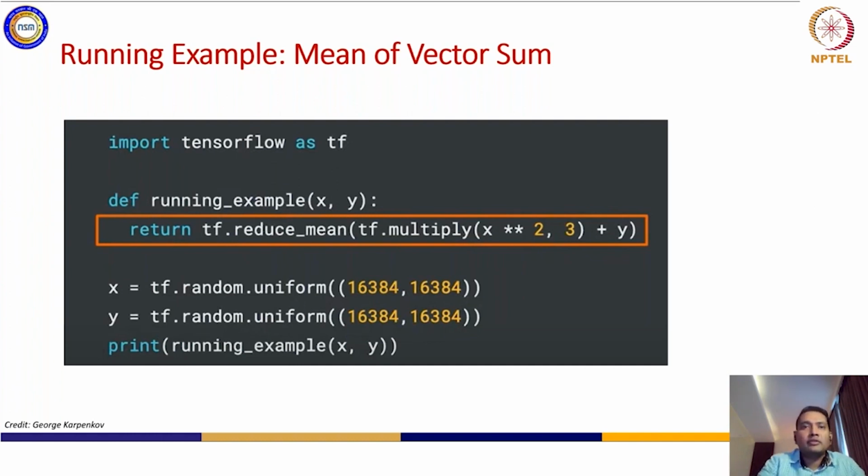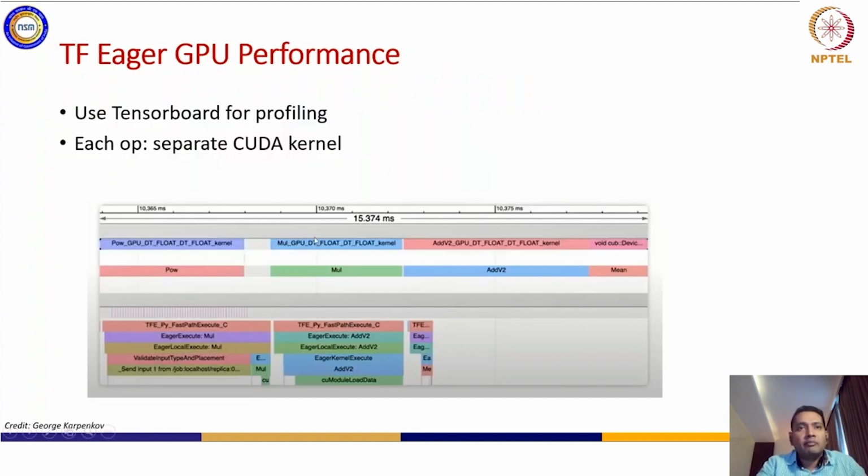One is for power, one for multiplication, one for addition, and one for mean. So your code is essentially converted for your target GPU, and each operation is essentially a CUDA kernel. Okay? So underneath, CUDA C++ code is being generated for you.